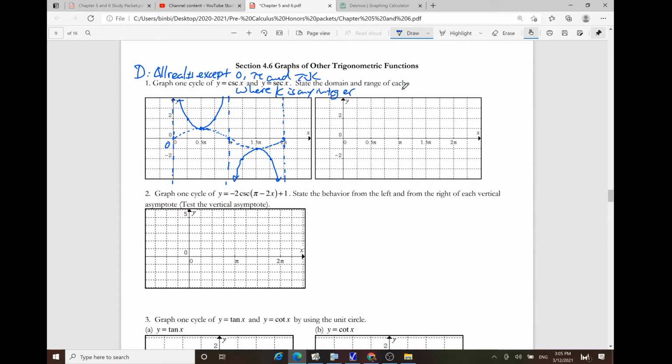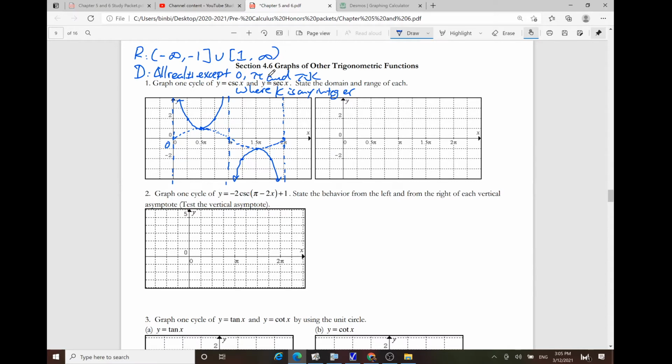And then for the range, the range is also pretty obvious. The range, you can say, is from negative infinity all the way to negative 1 bracket, and then union, open bracket, 1 all the way to infinity.